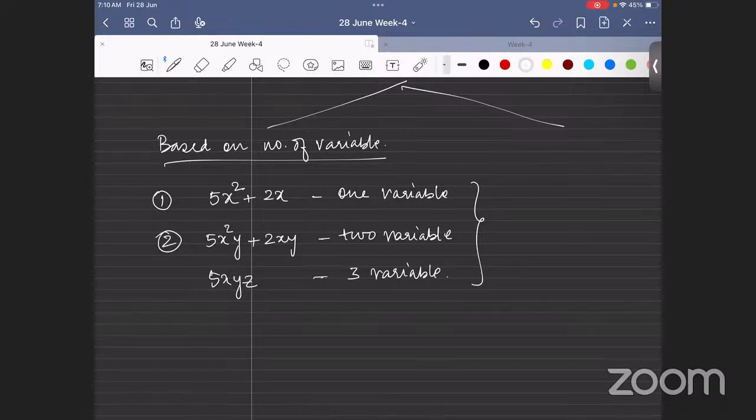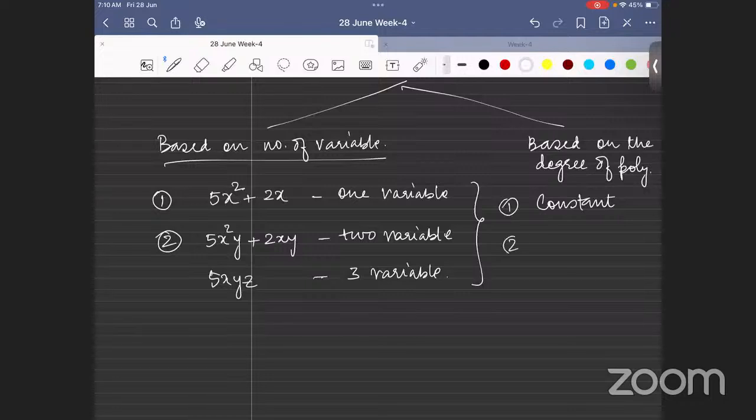Similarly, based on the degree also, you can define the function as a constant polynomial or a linear polynomial.